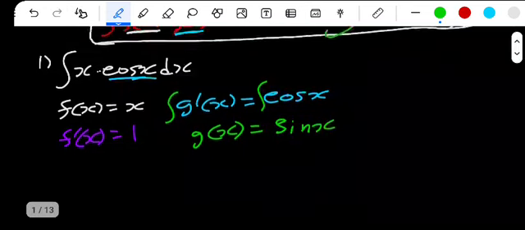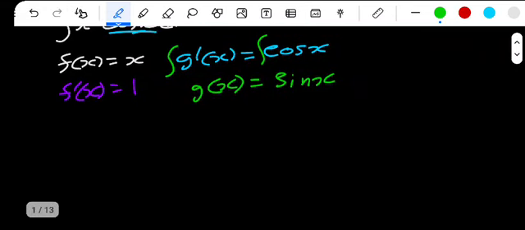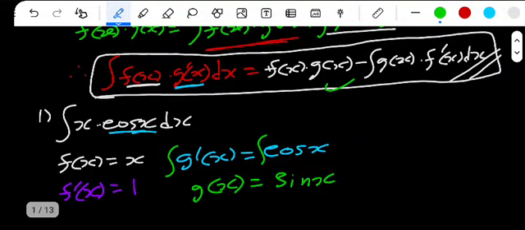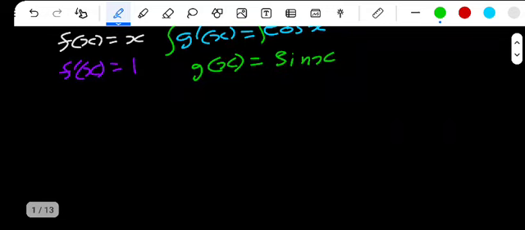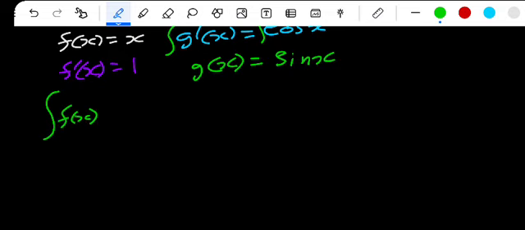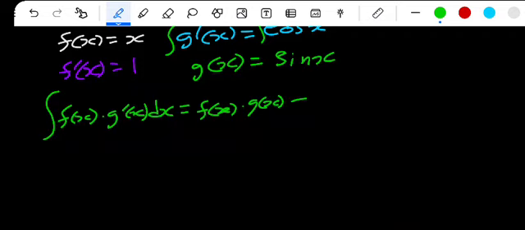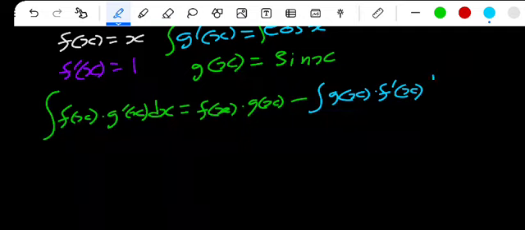Here is the formula, or I can rewrite it at the bottom: the integral of f of x multiplied by g prime of x dx must equal f of x multiplied by g of x, minus the integral of g of x multiplied by f prime of x dx.